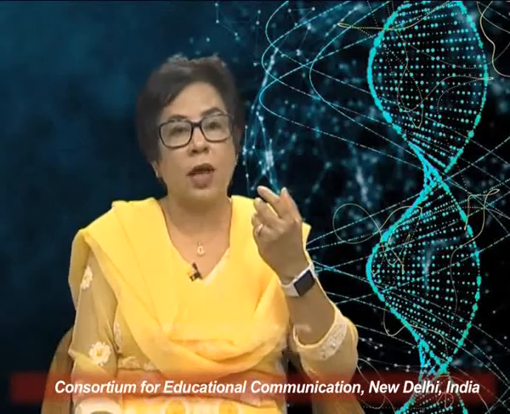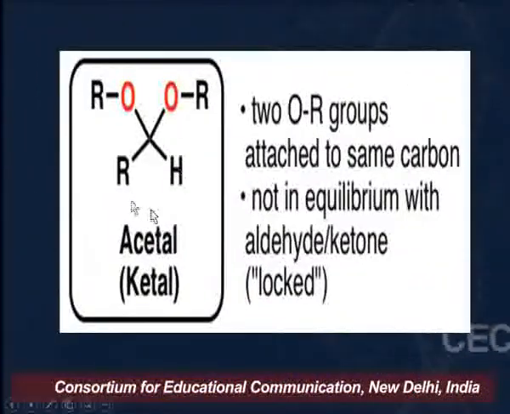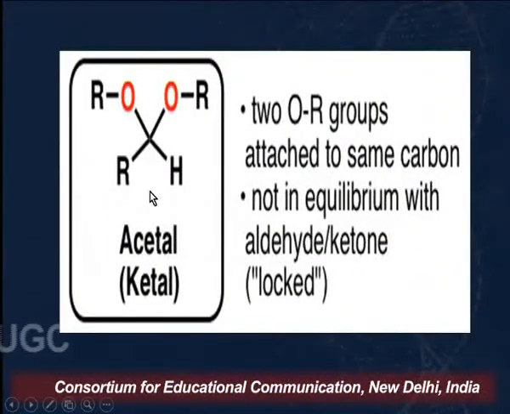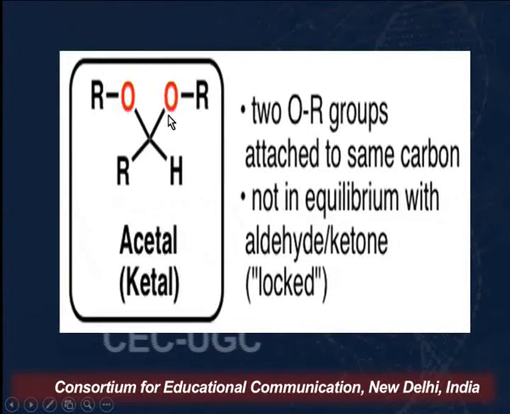So now, as you can see on your screens, if a disaccharide is existing as an acetal, that is, the anomeric carbon is attached to two ether groups like OR and OR, then this molecule is existing either as an acetal or a ketal, and this is stable in basic medium.